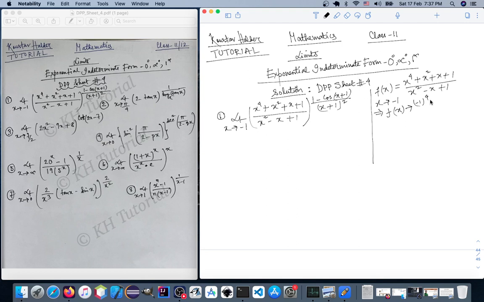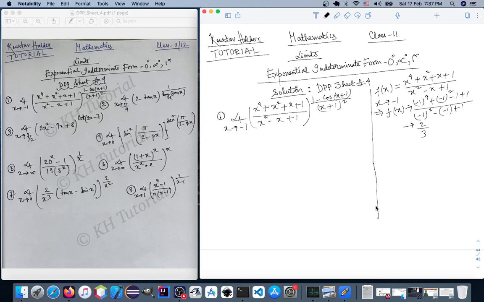minus 1 to the power 4 divided by, this is 2 by 3. So f(x) is tending to a finite value 2 by 3.